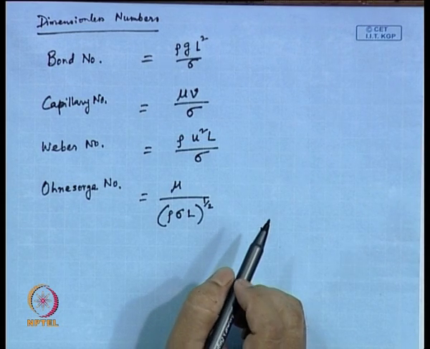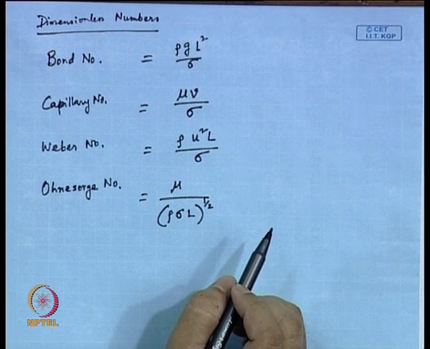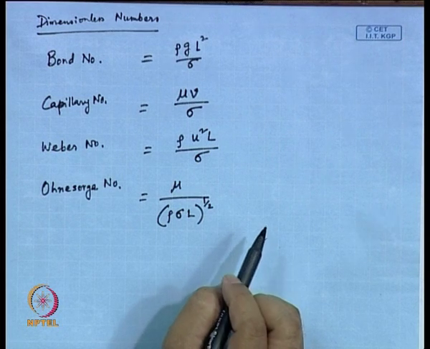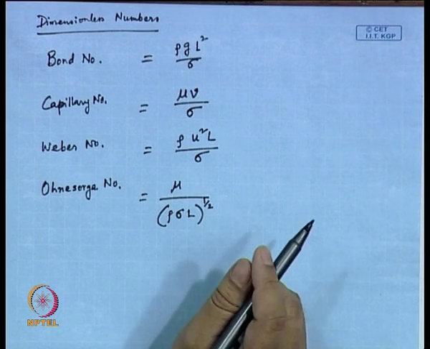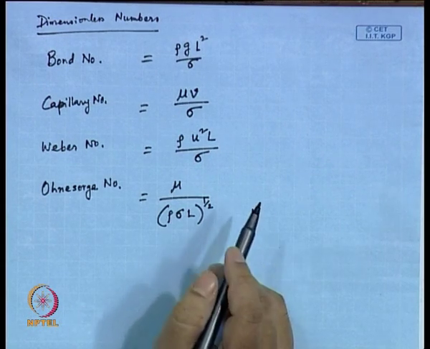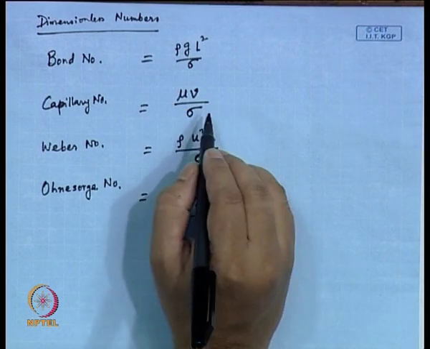Rho is the density, g is the gravity. Of course, you can say density of which phase. So, this is probably density of the discrete phase. Let me point out that there is another version of capillary number. This is not the end of capillary number.